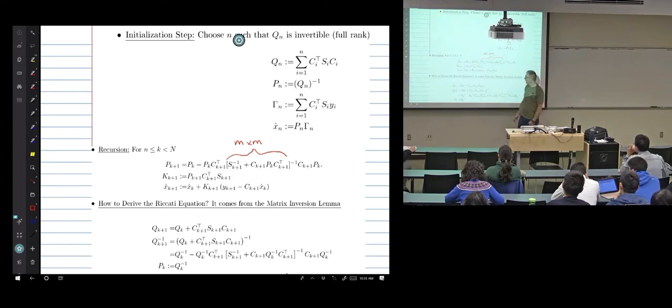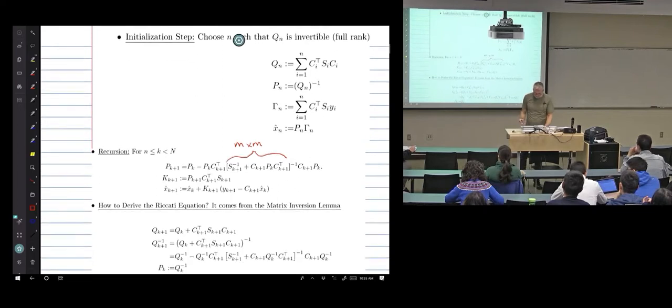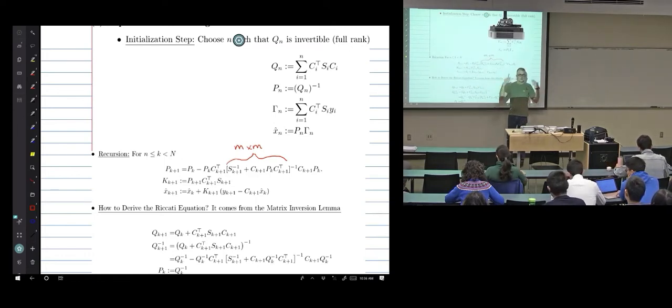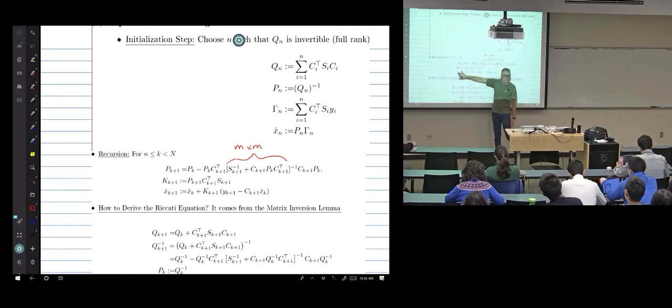It's pretty clear. So that's where the matrix inversion lemma comes in, and it gives you an updated, slightly different formula for calculating the optimal gain. And what that is doing, and let's think about it this way, it's fusing my current estimate of x and my new measurement to get my next estimate of x.